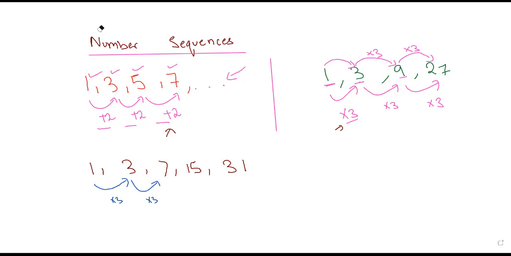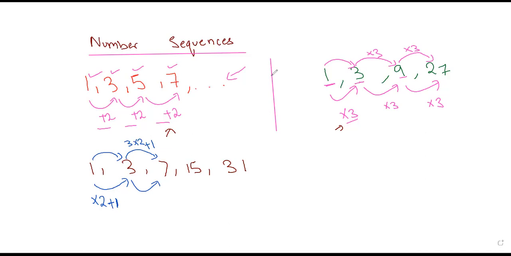And what is that different thing? We are multiplying the previous term by 2 and then adding 1. How? So 1 into 2 is 2, and then 2 plus 1 is 3. Again, 3 into 2 plus 1 is giving us 7. Are you guys understanding this?